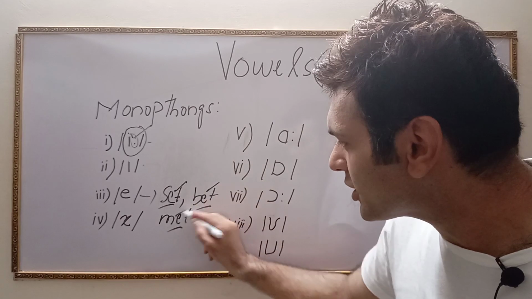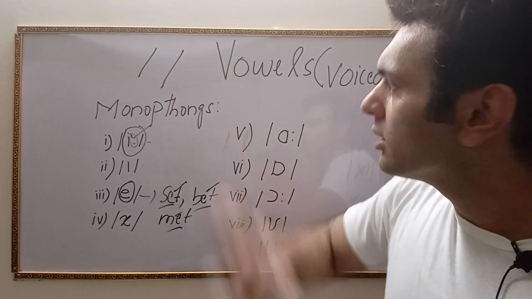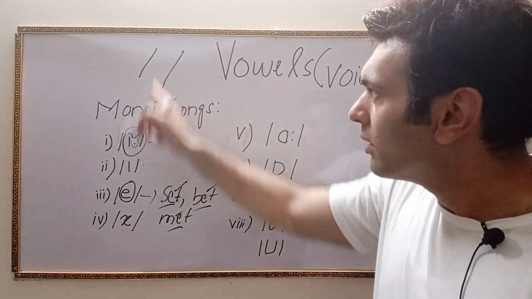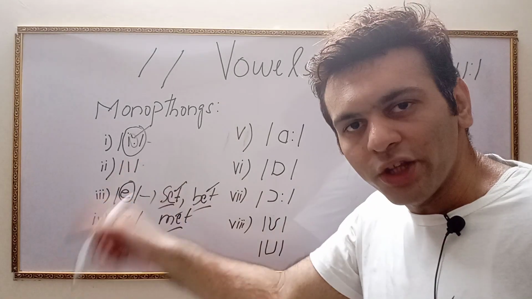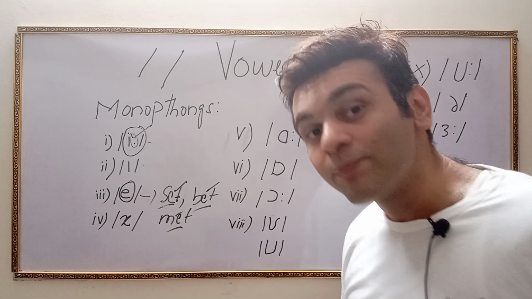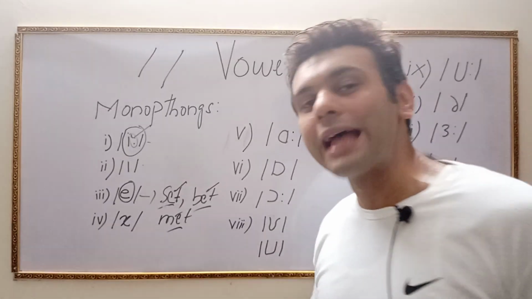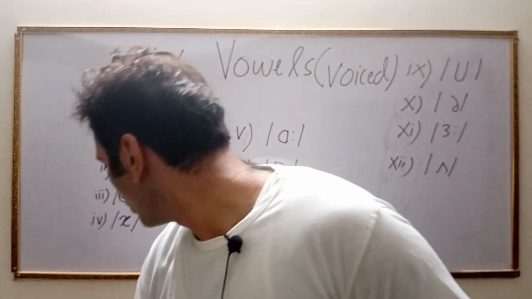This is the alphabet and this is the vowel. We put slashes, brackets like this in a slanting position with the vowel. So you can look at this: set, bet and met. This is again another short vowel. Let's move towards the next.